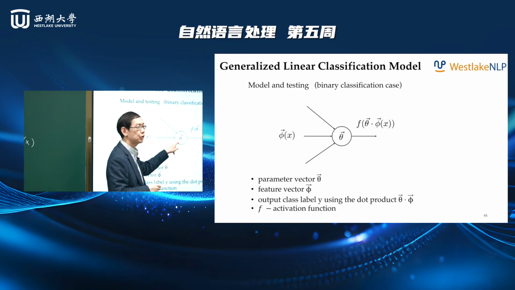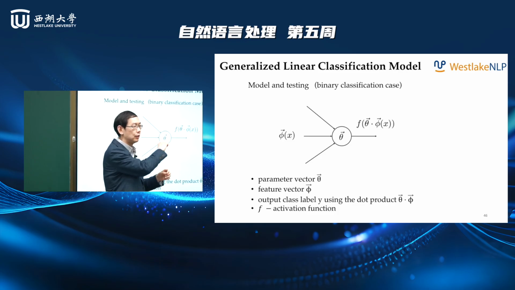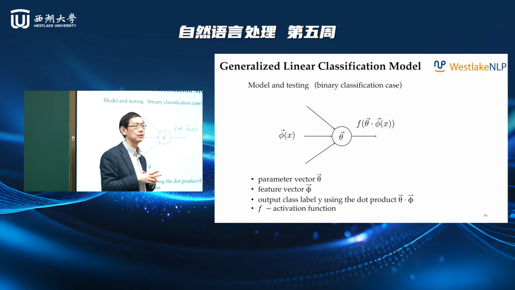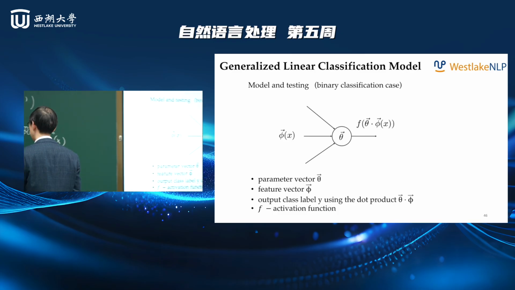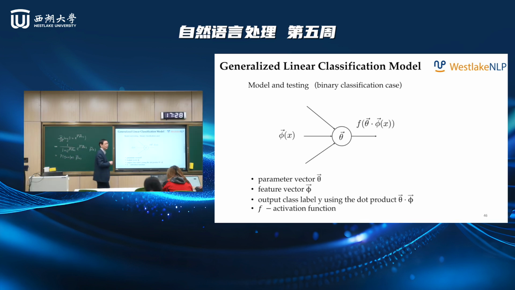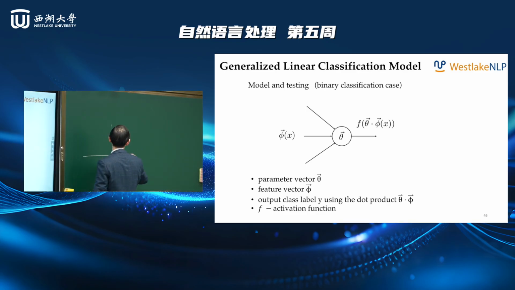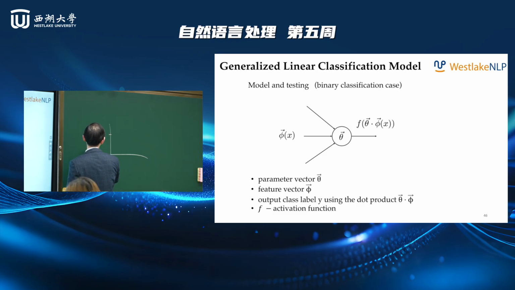And this function f that calculates the output, the sigmoid, goes like this. Sorry, I didn't draw it in my slide, but I will compensate by drawing it here. For the sigmoid function, x goes from minus infinity to positive infinity, and this is 0, this is 1. The sigmoid will be something like this.